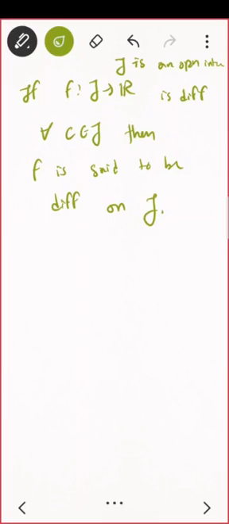Now let us define at that interval, so that means it should be differentiable for everyone in that.